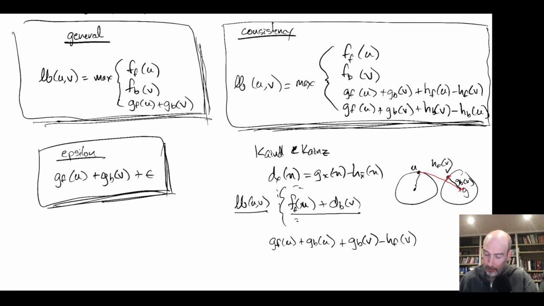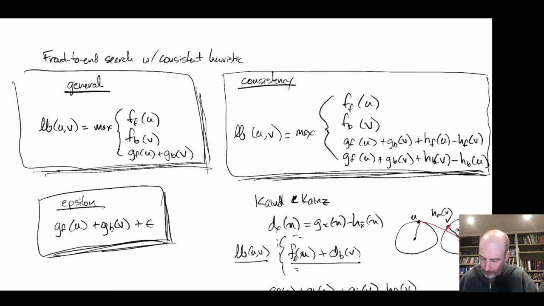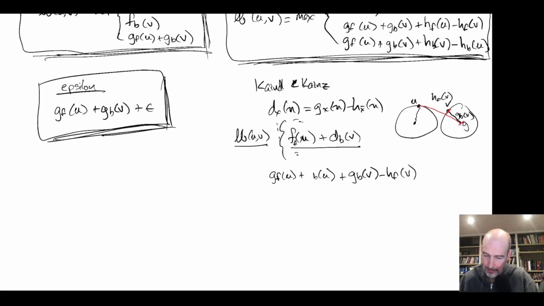Oh, sorry, I wrote this wrong. This is g forward, and sorry, my eraser is a bit too big, I need to make it smaller so I don't erase all of this. Sorry, this is supposed to be h. Wow, okay, so I really said that wrong.